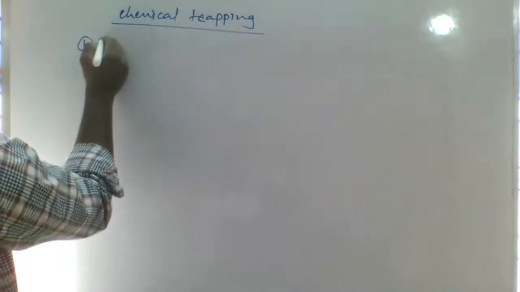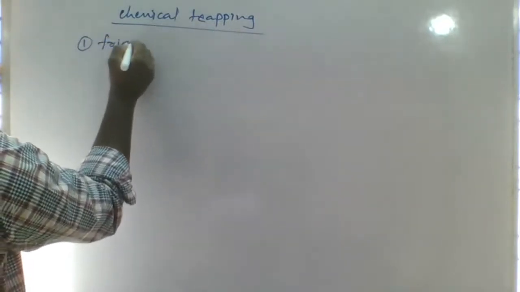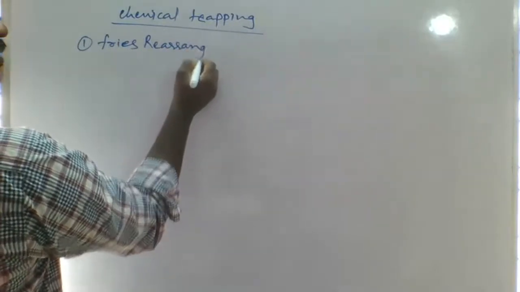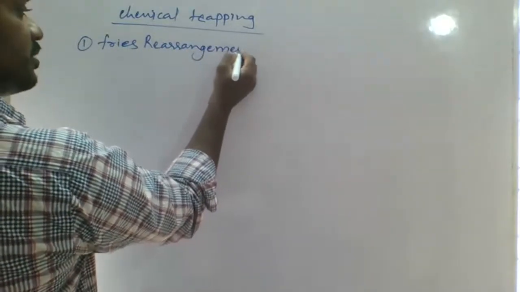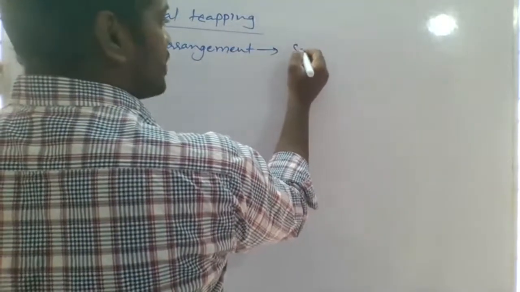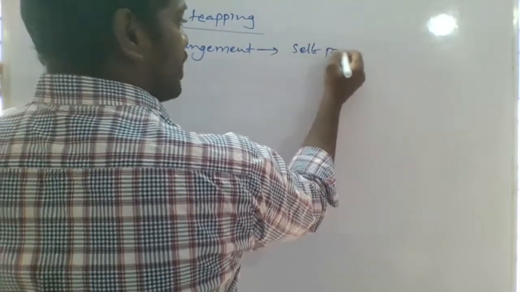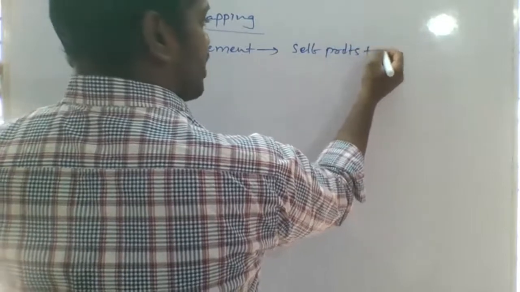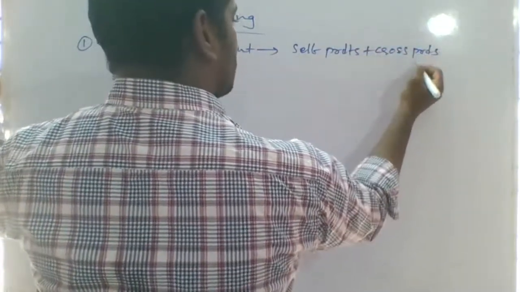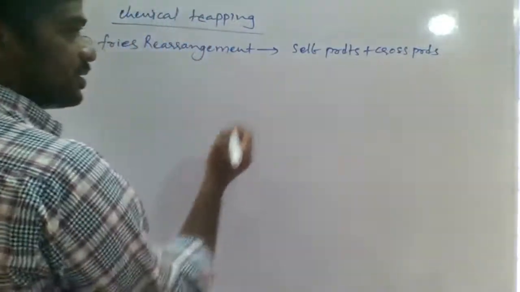Here the first method is the price rearrangement. So in the price rearrangement, what happens? Self products plus cross products are formed.